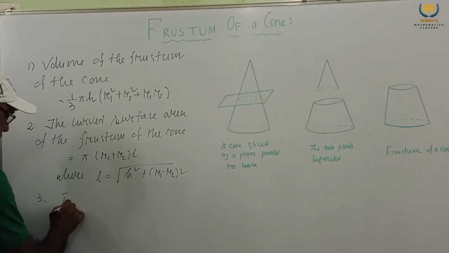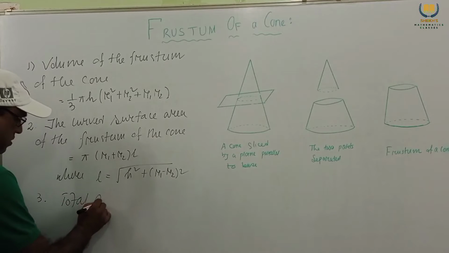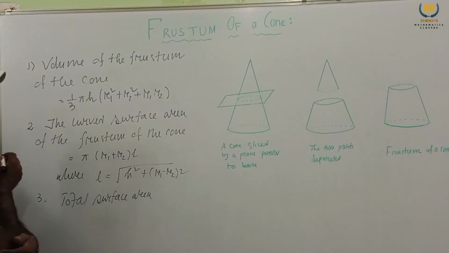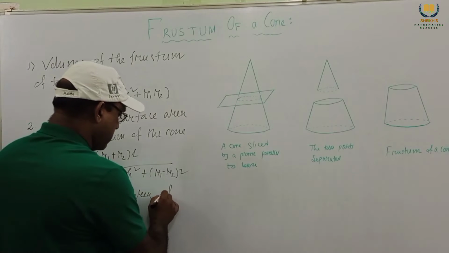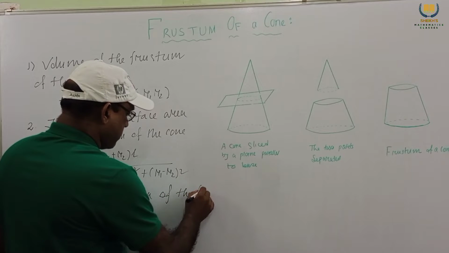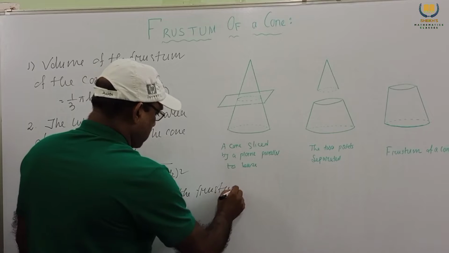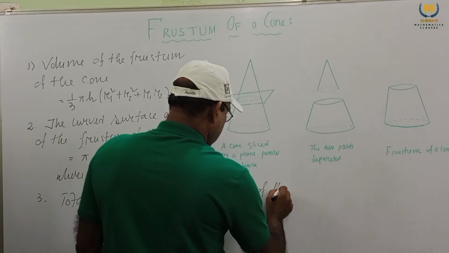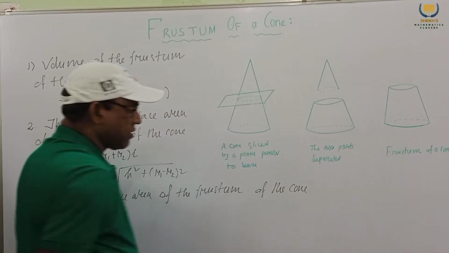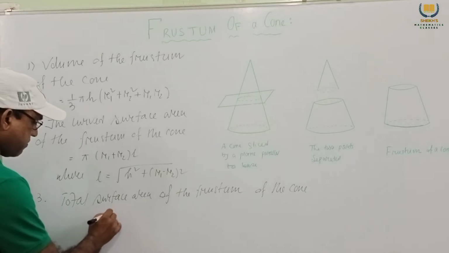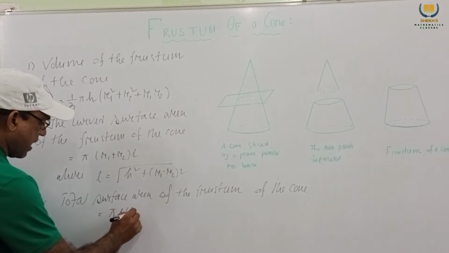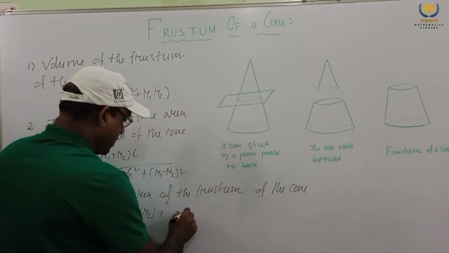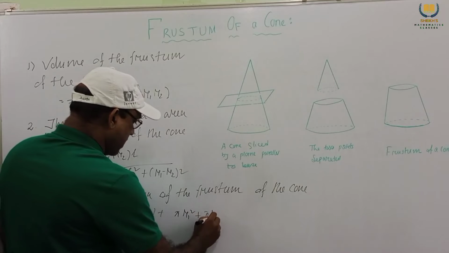And total surface area of the frustum of the cone is pi L (R1 plus R2) plus pi R1 square plus pi R2 square.